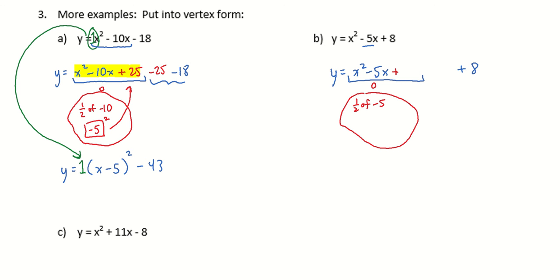Of means times, 1/2 times negative 5 is negative 5 over 2. To complete the square then, I need to place the negative 5 over 2 squared at the end. Well, 5 times 5 is 25, 2 times 2 is 4, negative times negative is positive, but we already knew that. All right, to atone for it, we go minus 25 over 4.